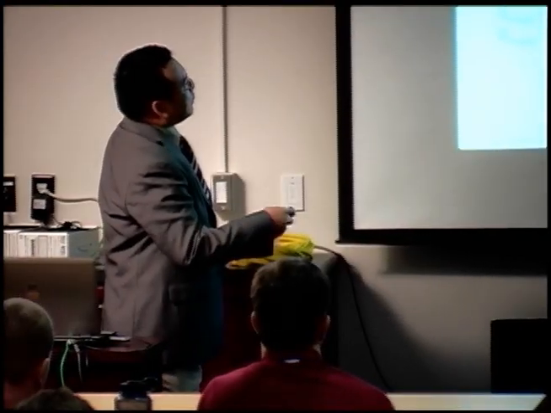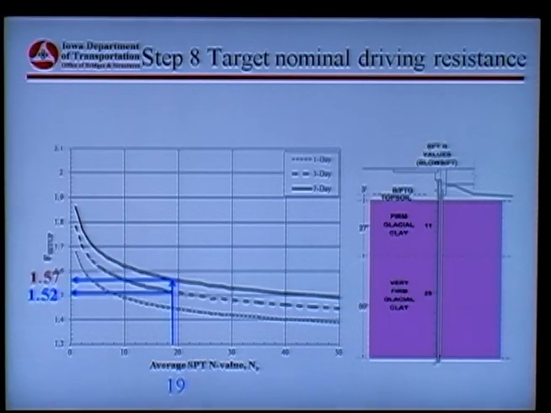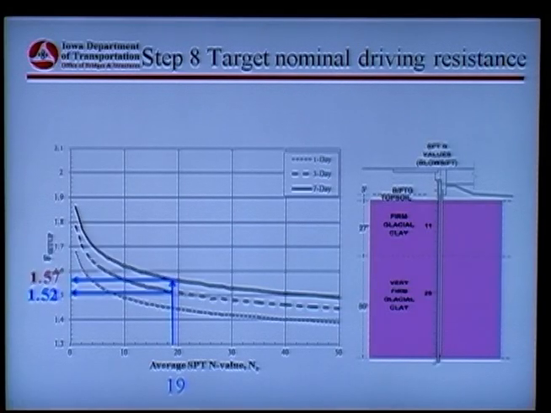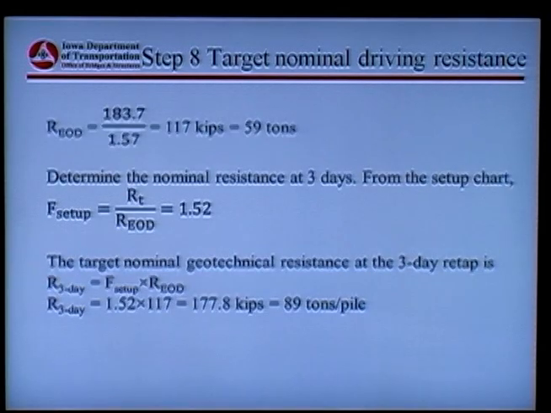So we know that the factor is 1.52 at 3 days. So we take this number and multiply it to the REOD that we calculated from here. That is what is required at end of driving. We multiply by this F setup, 1.52 from this chart, based on the 3-day line. And that gives us the target driving resistance at 3 days.